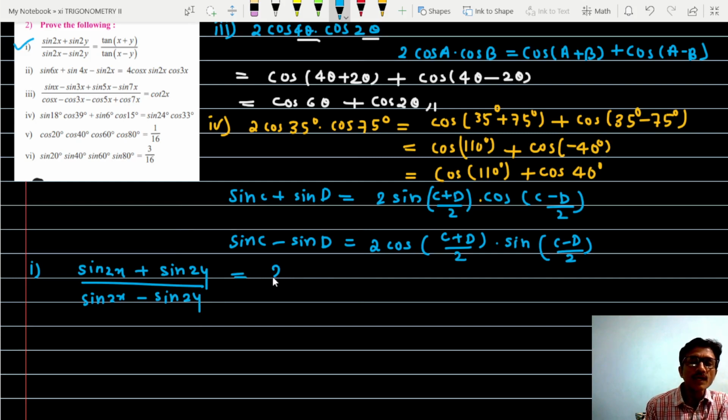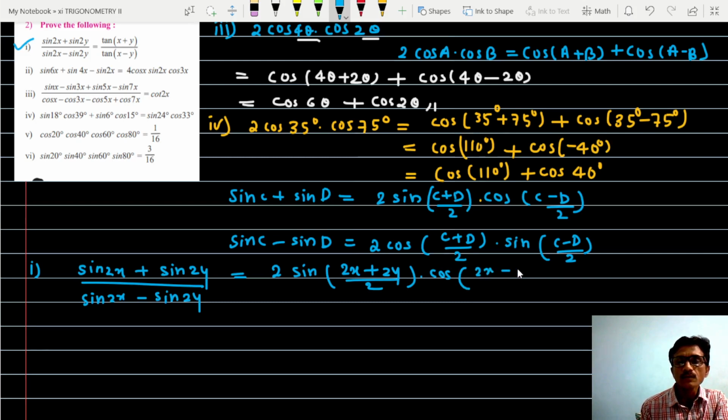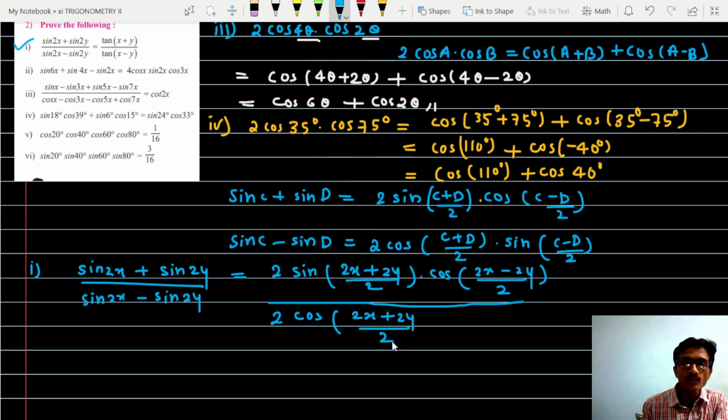This is equal to 2 sine C plus D upon 2, that is 2 sine 2x plus 2y upon 2 into cos of C minus D upon 2, that is 2x minus 2y upon 2, yes, whole divided by, here sin C minus sin D is what? 2 cos C plus D upon 2, that is 2x plus 2y upon 2 into sine of C minus D upon 2, that is 2x minus 2y upon 2.